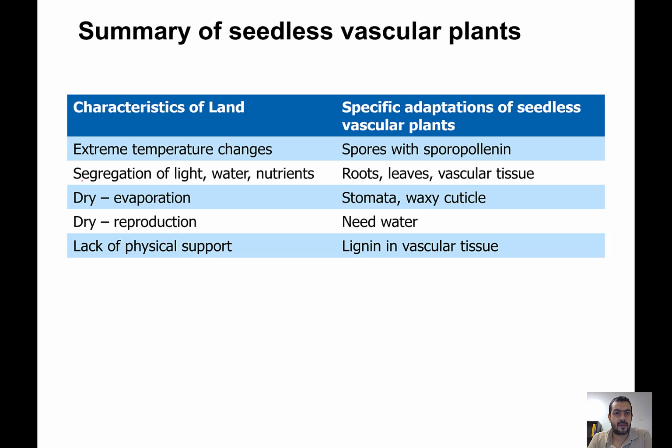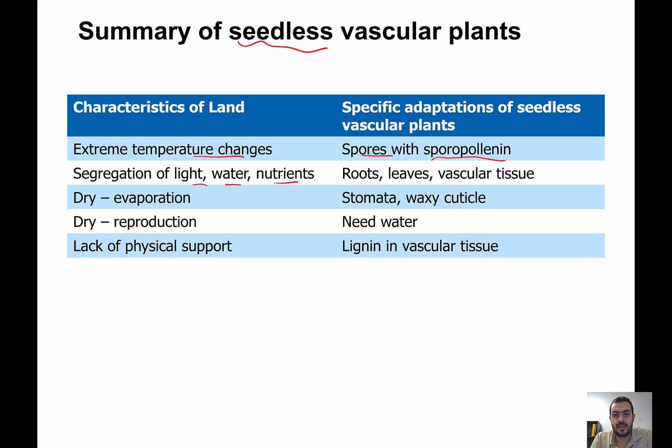So in summary, to summarize the seedless vascular plants, the ferns, for example, how they adapted to extreme temperature changes by the formation of spores with thickened walls with sporopollenin, how they adapted to the segregation of light, water, and nutrients.